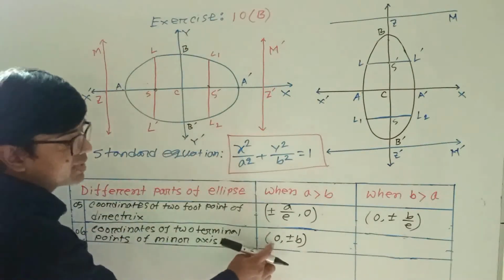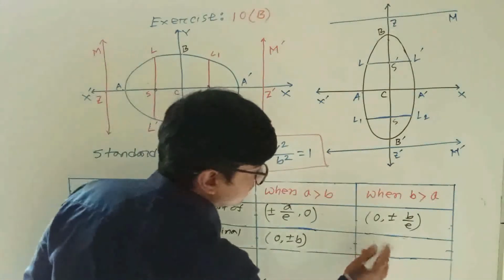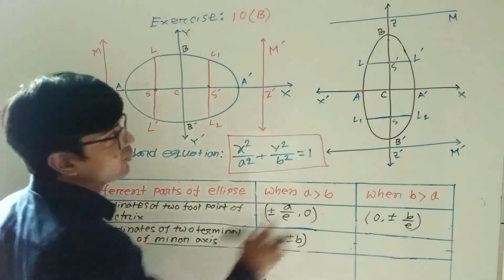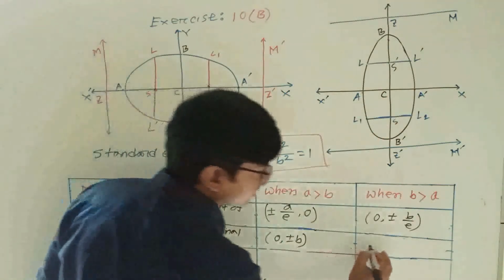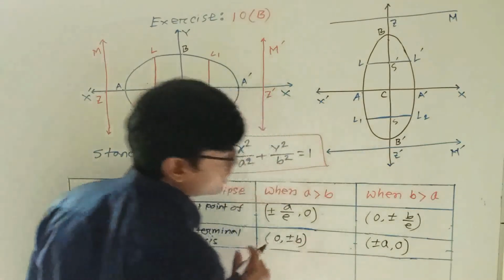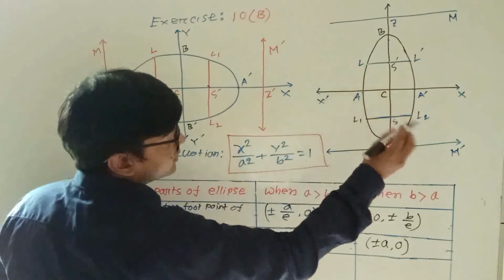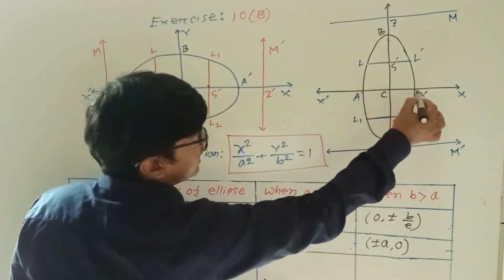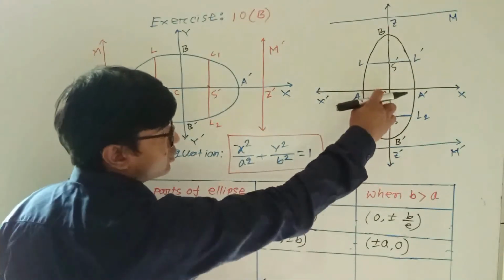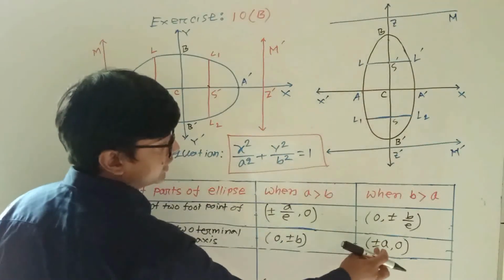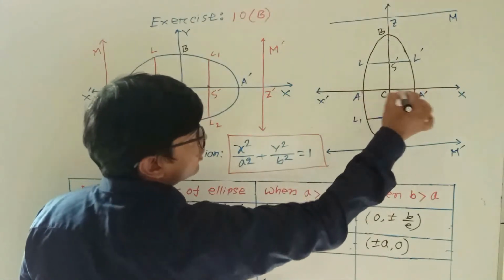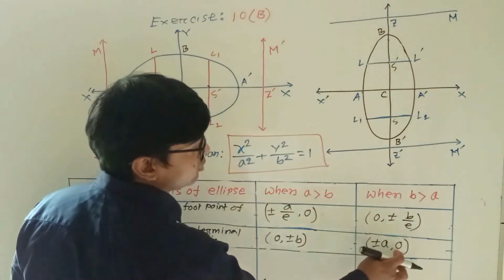For this figure, the formula of coordinates of two terminal points of minor axis will be plus minus A comma 0, because A and A prime is the minor axis, which is denoted by A, and this minor axis is on the x-axis, that's why y equals 0.